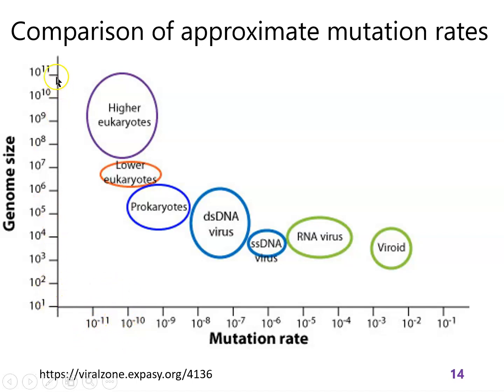And then here we're just looking at how big is the genome. How many bases does the cell have to put together to make a new cell? And it kind of makes sense that if you have a genome that's 10 to the 10th bases, you need a mutation rate that's very low. If you have a genome that's 10 to the 4th bases, like a lot of viruses, you don't need that amazingly good proofreading ability, because you can make a bunch of viruses without any mutations in them.